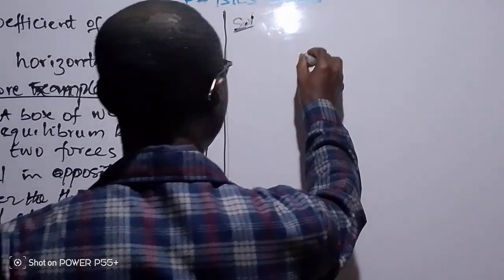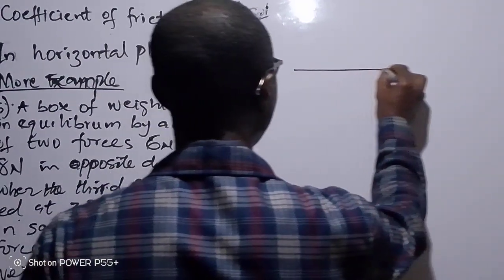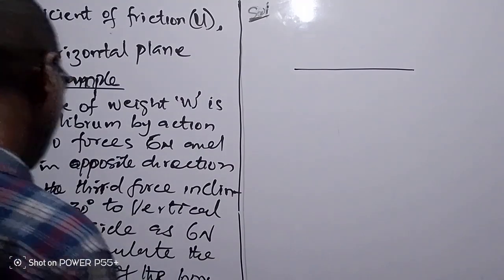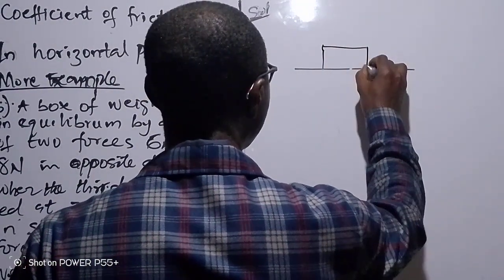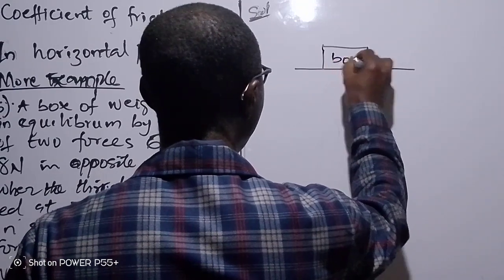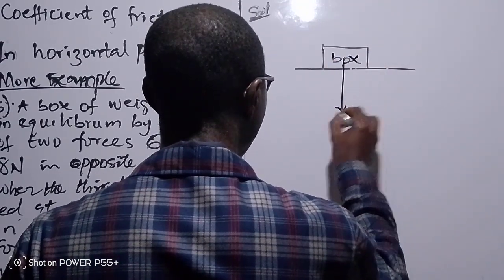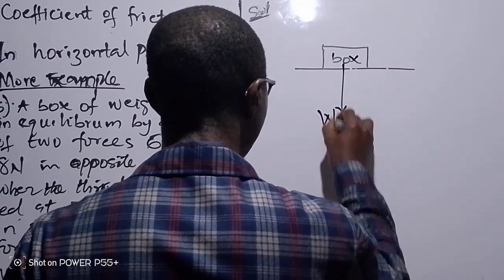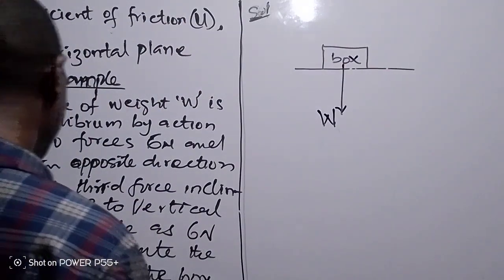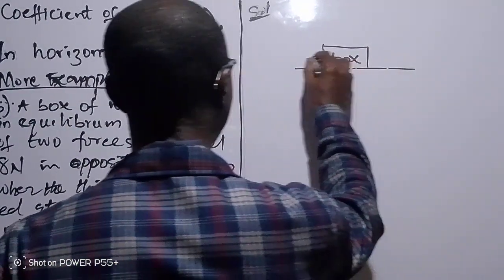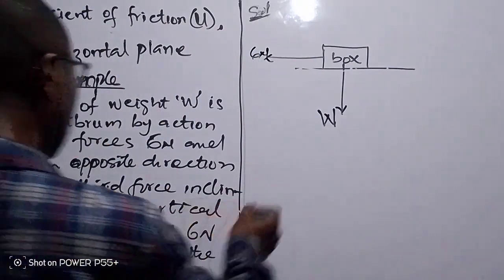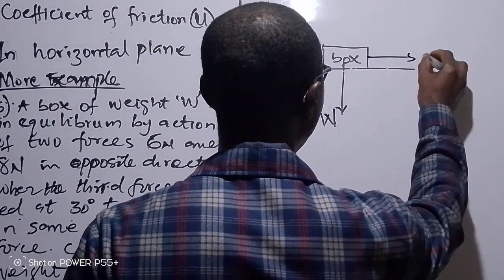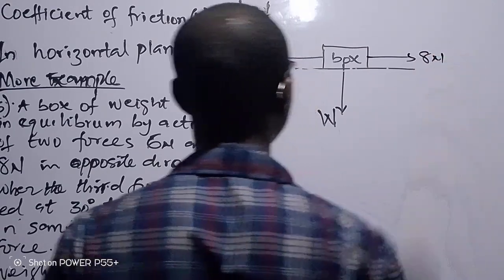Let's say this is the horizontal plane. Let's say this is the bus. According to the question, the weight is W, not given. Now, a force on this side, 6 Newton, on the opposite side, 8 Newton.